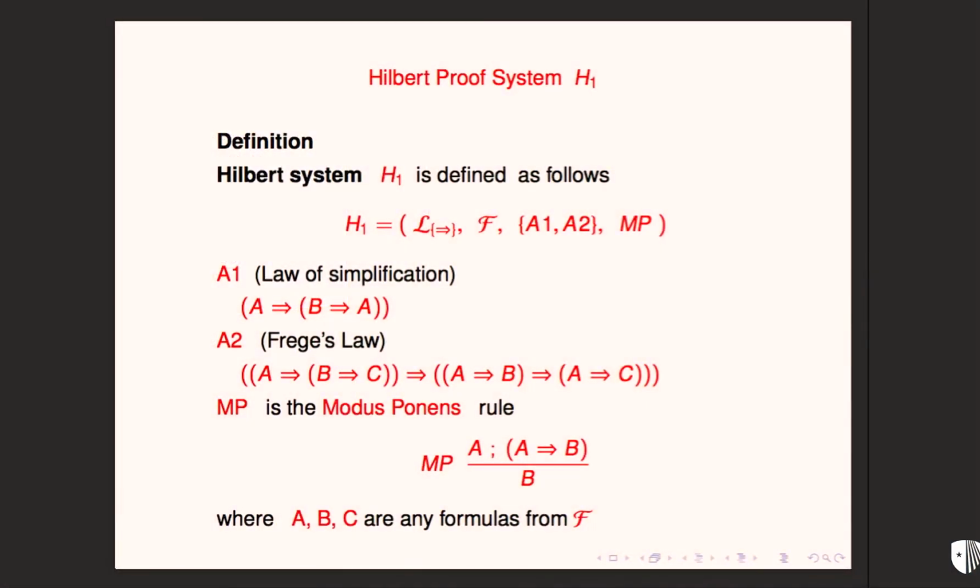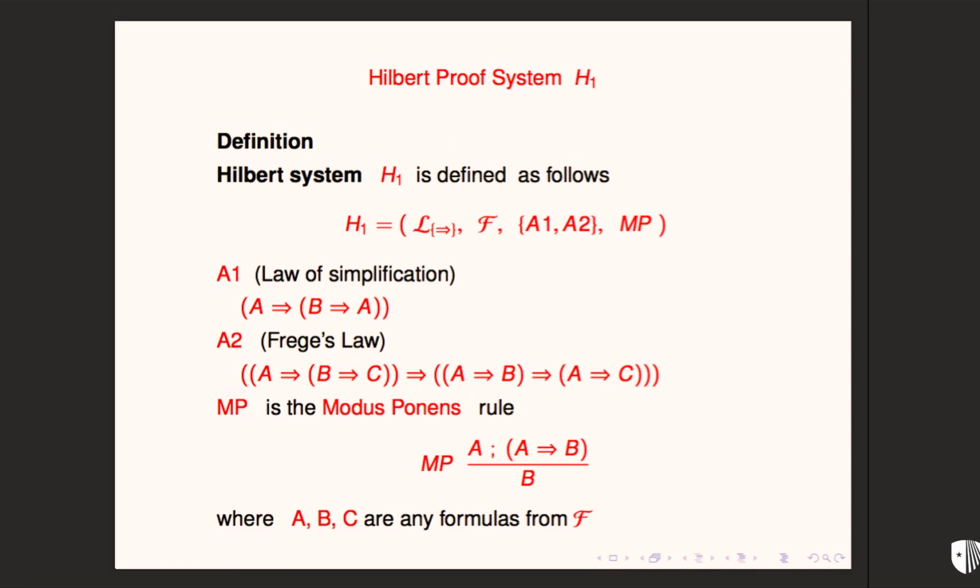I'm going to write now those axioms on the board because to explain things, we will be using them. So we have axiom A1, which is A implies (B implies A).